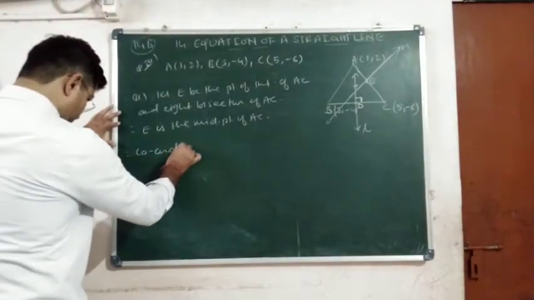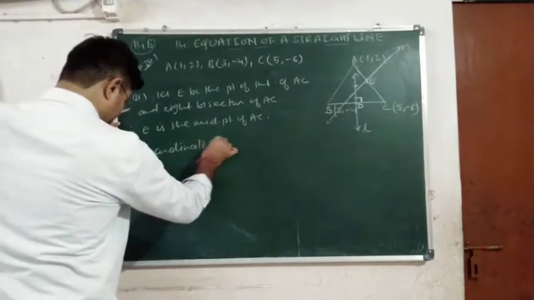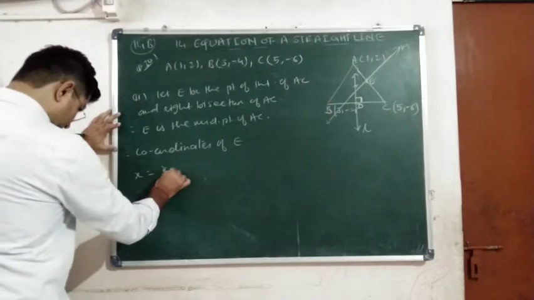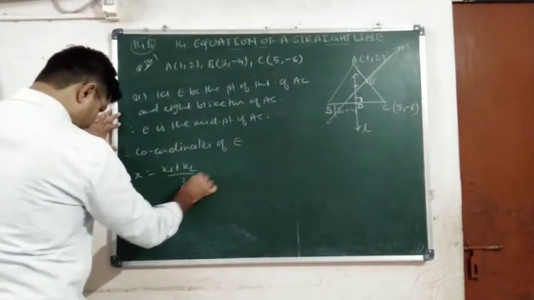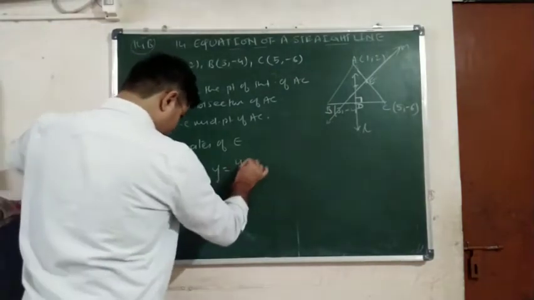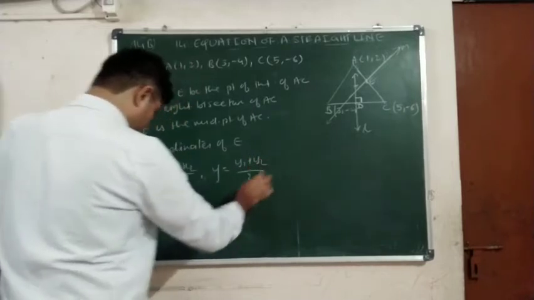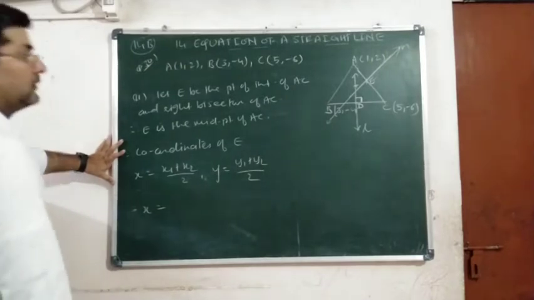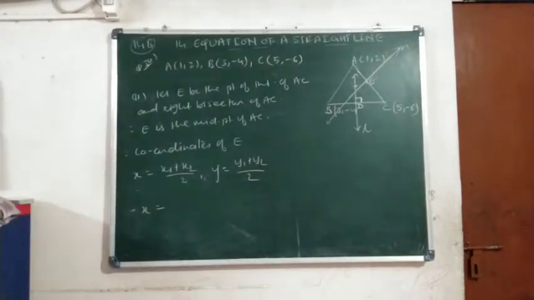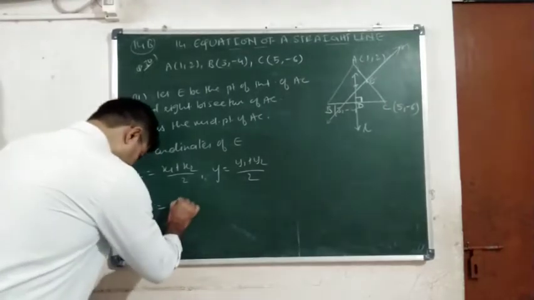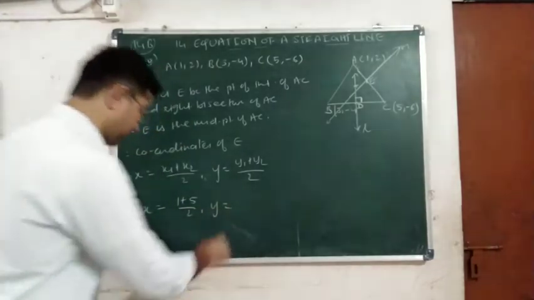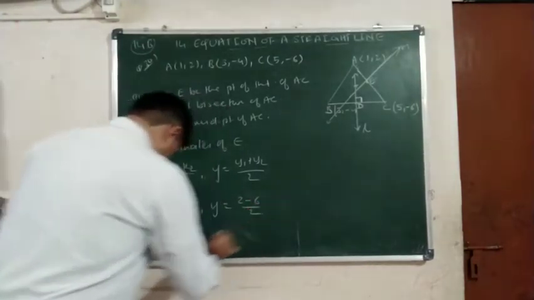Therefore, the coordinates of E will be given by x equal to (x1 plus x2) upon 2, and y equal to (y1 plus y2) upon 2. Taking A and C, x equals (1 plus 5) by 2, and y equals (2 minus 6) by 2.